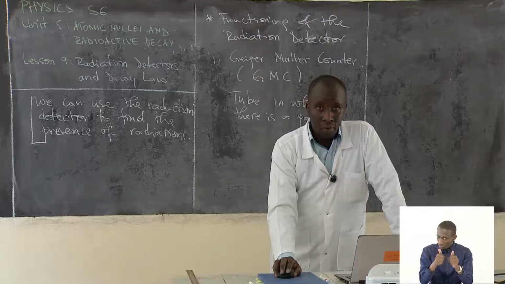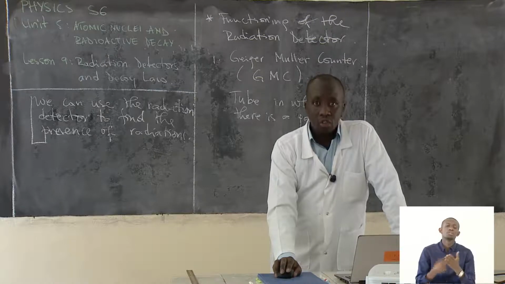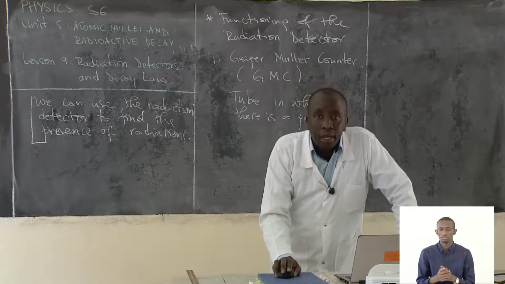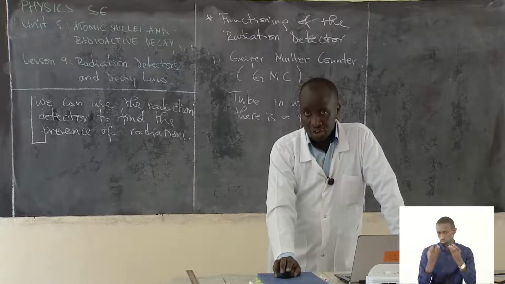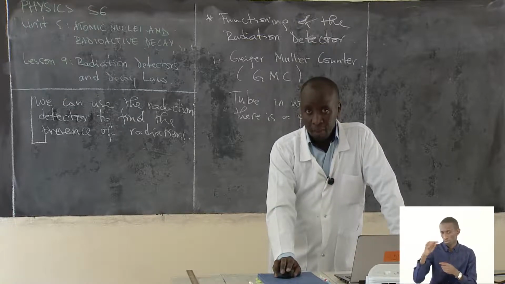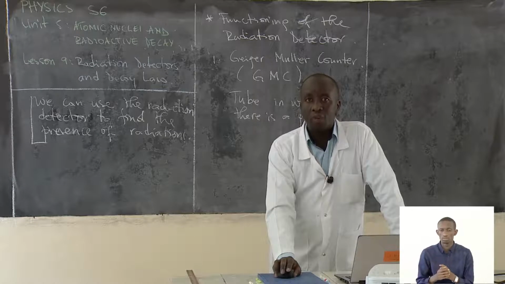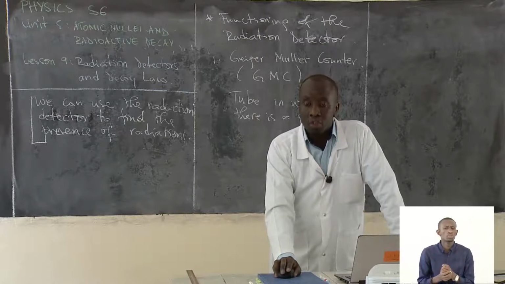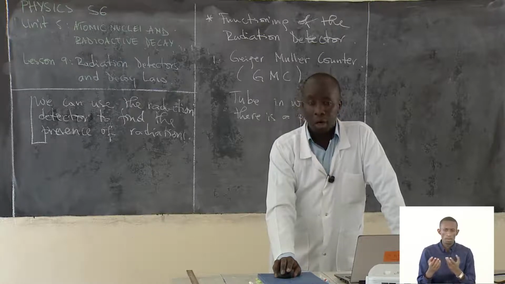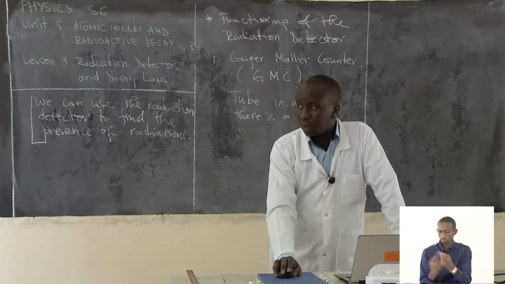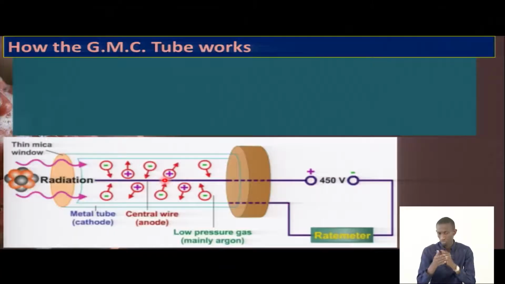They are going to do what? Good. They are going to ionize the gas. The ionization, you understand what it means. It is this way that there is going to be a presence of the charged particles inside the tube here. Remember, there is that gas.